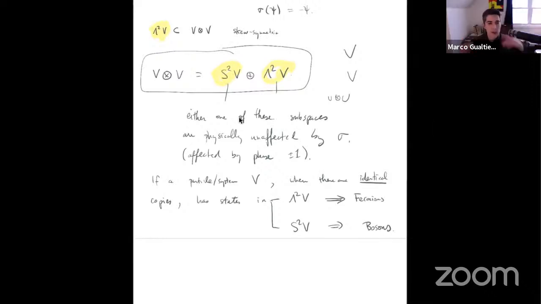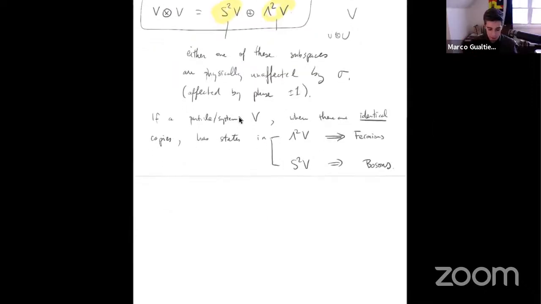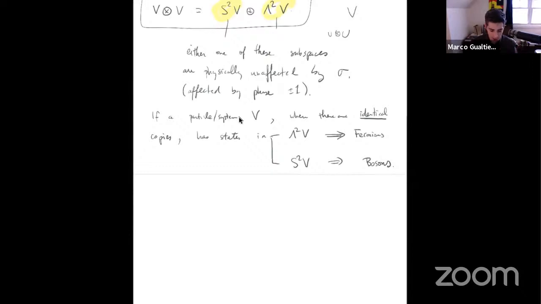Okay, so the question really is, there are two possible mathematical models to use for indistinguishable particles. These are the two. And the question is, which are we supposed to use?